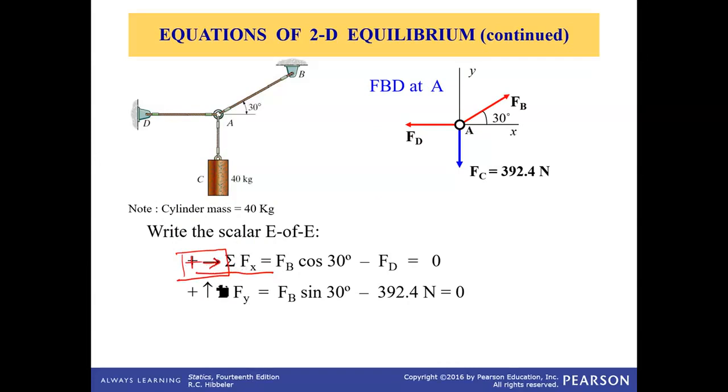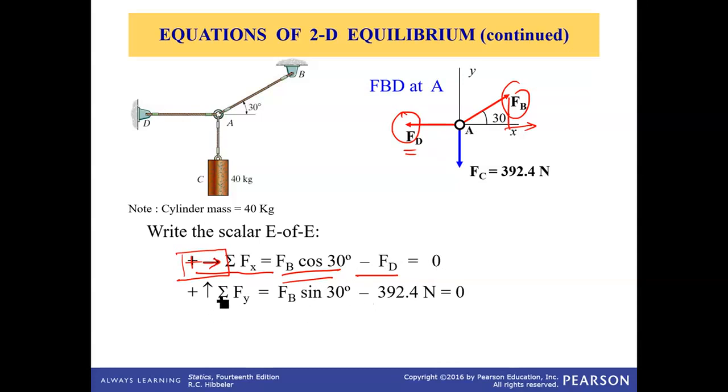So force acting on the right is positive for the horizontal axis, and there are two horizontal forces. Force in D is negative because it's going left, look at the direction, and force of cable B is at an angle to the x-axis, so we need to find the projection of that force along the x-axis by applying FB cosine theta, which is 30 degrees here, and that is equal to 0.